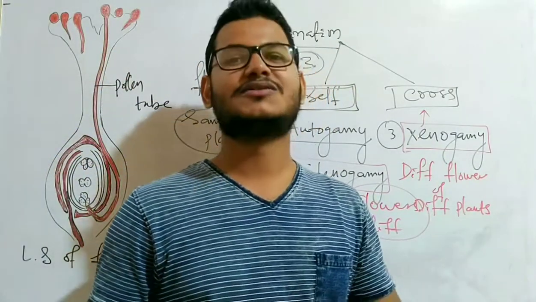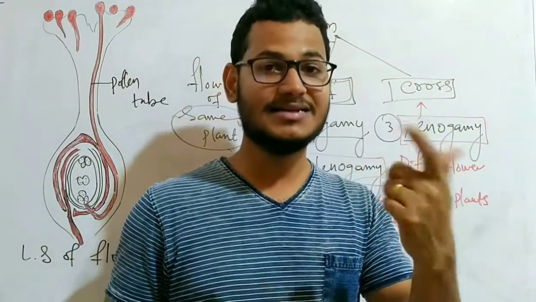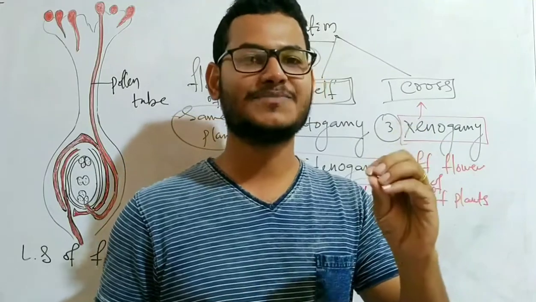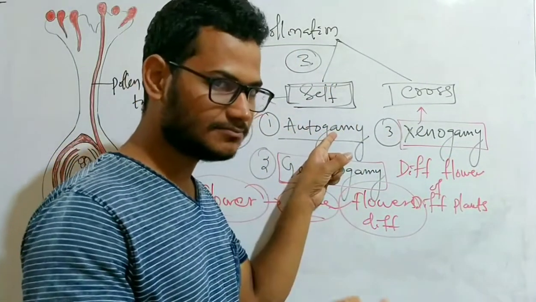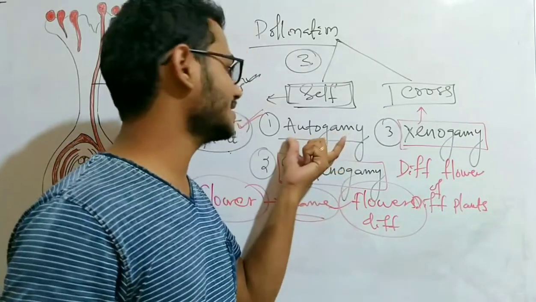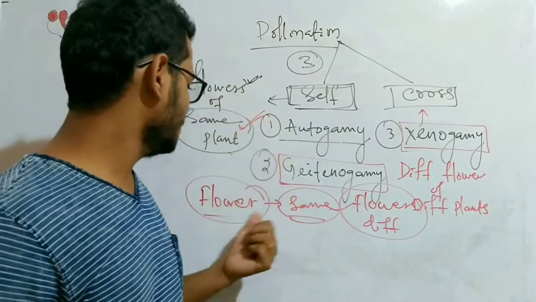Clear? So another thing we have to know is the pollen release to the stigma. In case of autogamy, the pollen grain matures and the stigma matures at the same time because it occurs within the same flower.